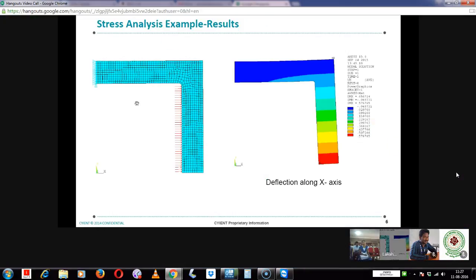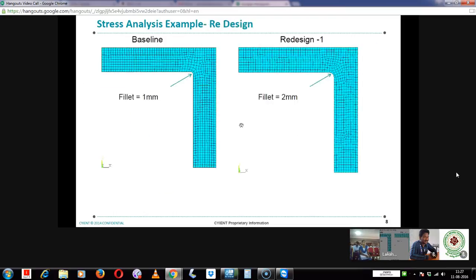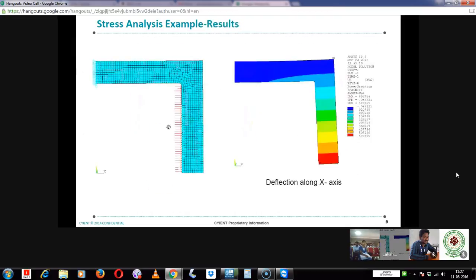When it is subjected to load along this direction, this component will tend to bend along the x-axis, or normal to this bracket web. This is the general behavior when a bracket is subjected to uniform deflection.